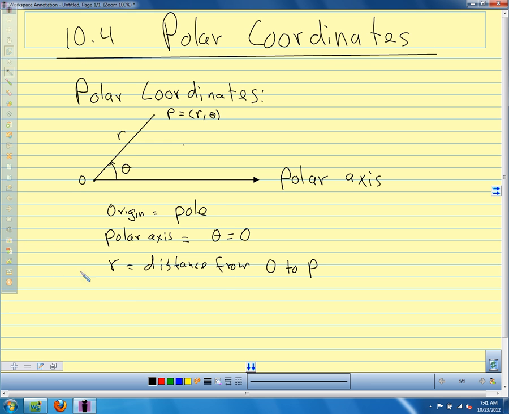And theta is the angle between the polar axis and our segment OP. And theta is defined as moving counterclockwise, CCW.